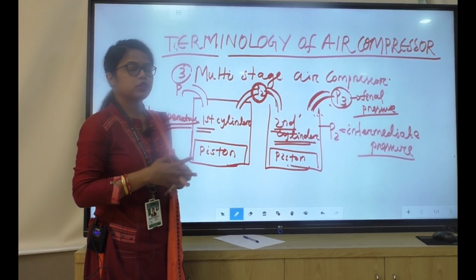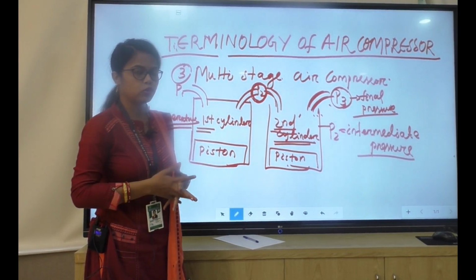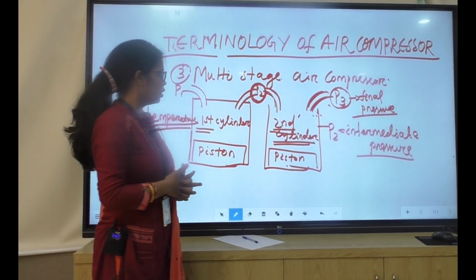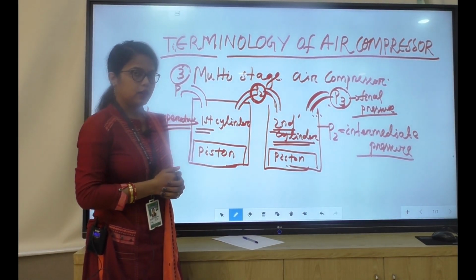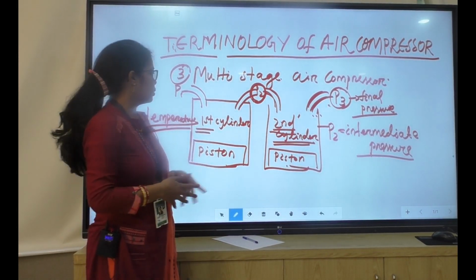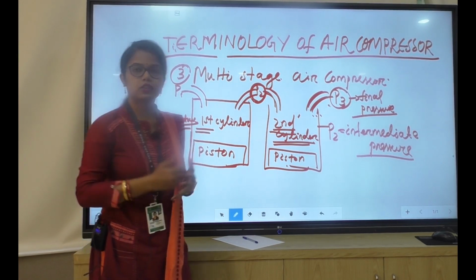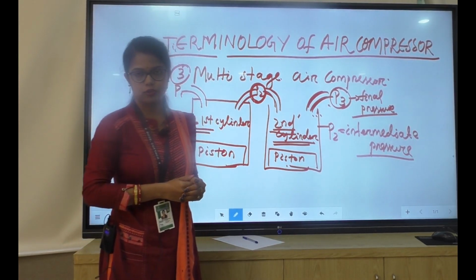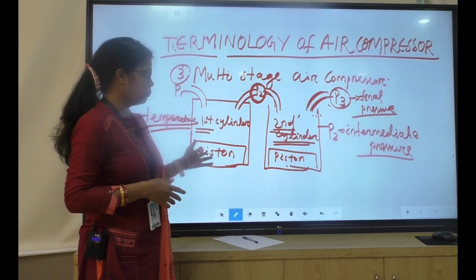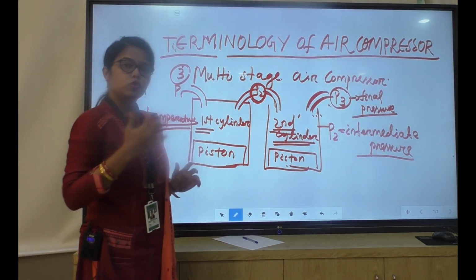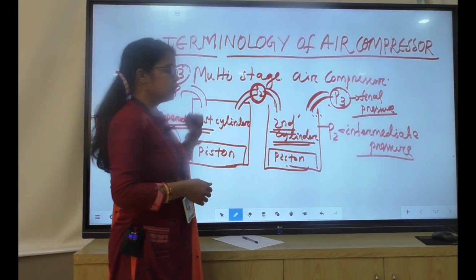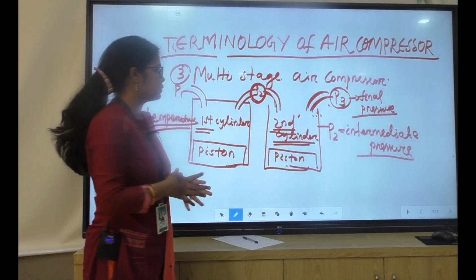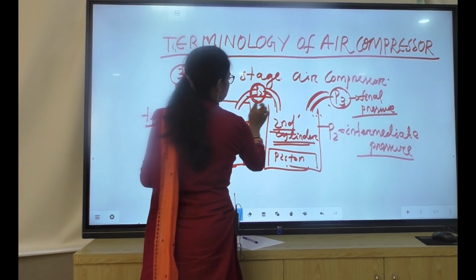We do not require high temperature air, only highly pressurized air. But according to the law, when the pressure increases, definitely the temperature of the air will increase. We need to reduce that temperature by utilizing a particular device, that is called an intercooler.